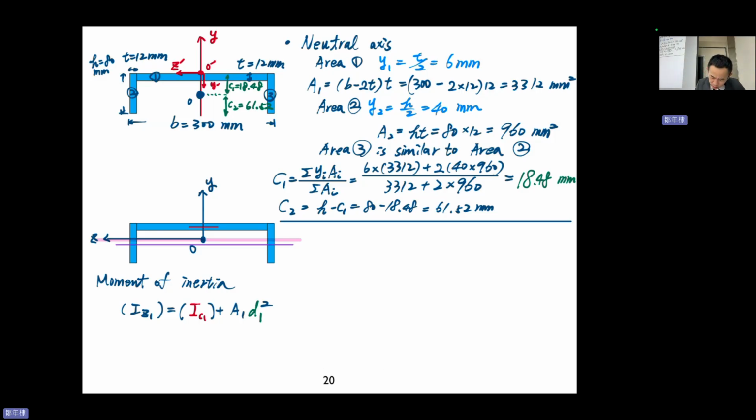Well, sorry, -6. I shouldn't use green, right? I should use yellow, maybe. Okay? Well, orange. D1 square. Okay?